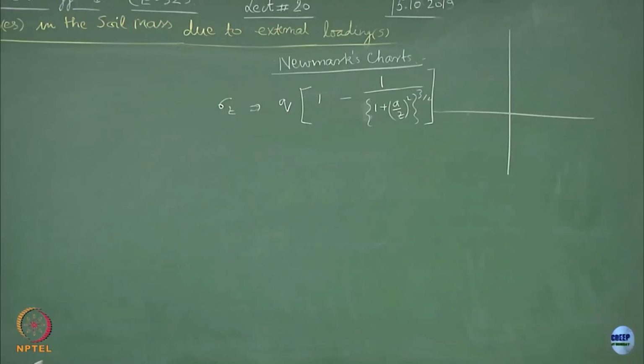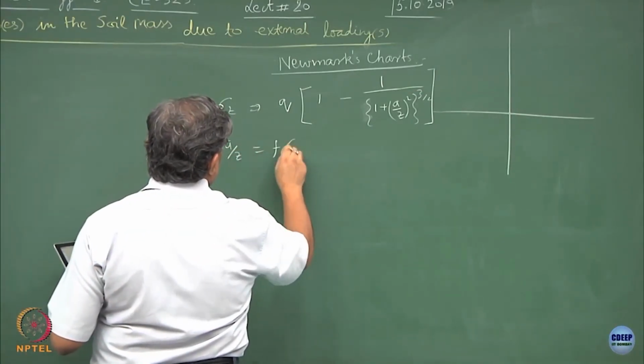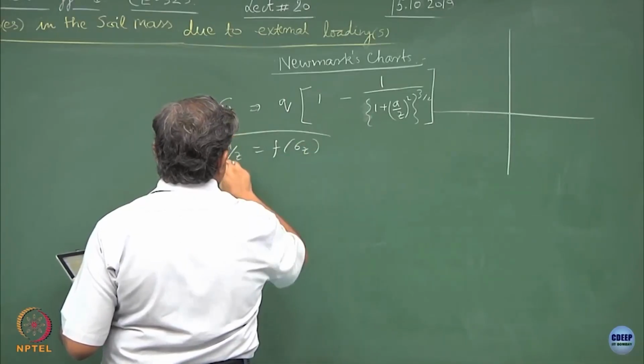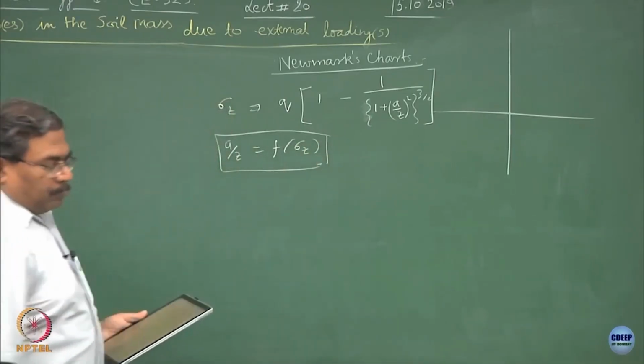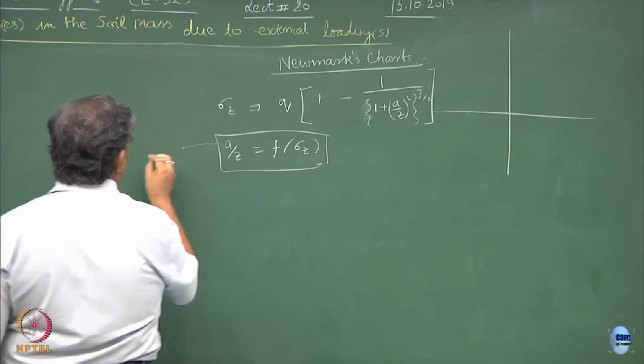And what this gives you is a by z as a function of sigma z. Now, a is the radius of the area or the circle.